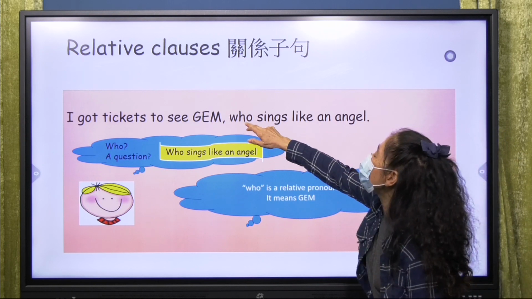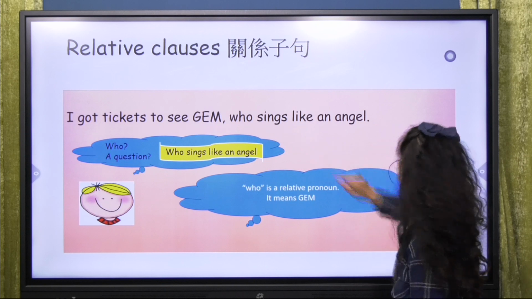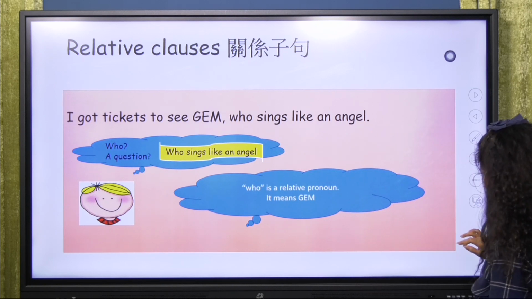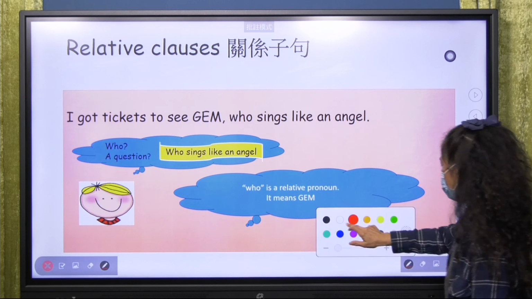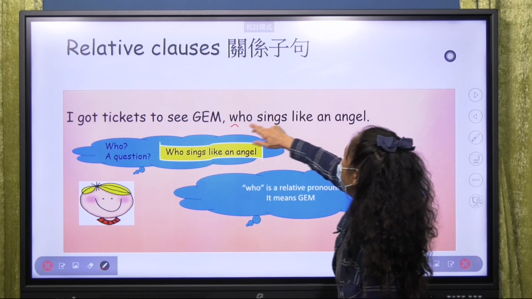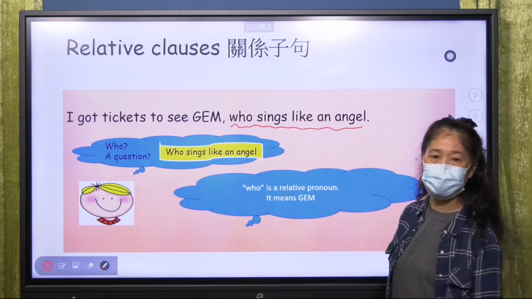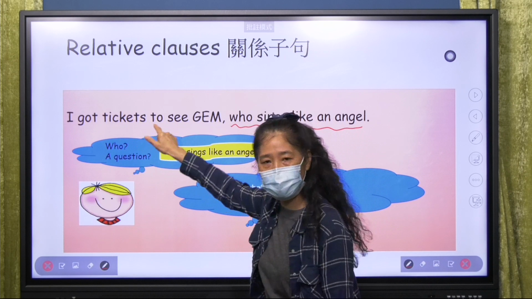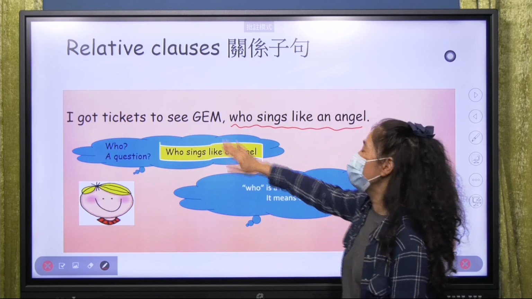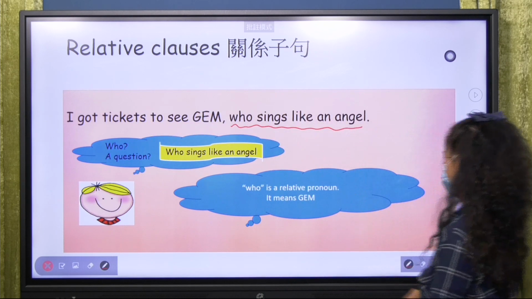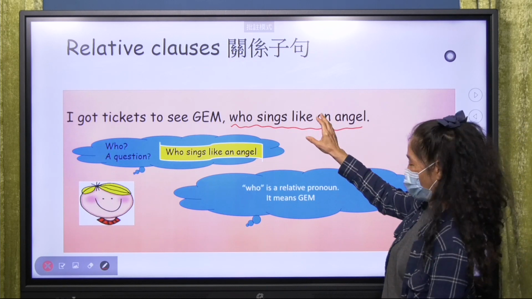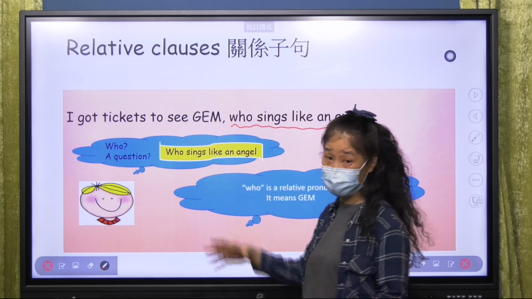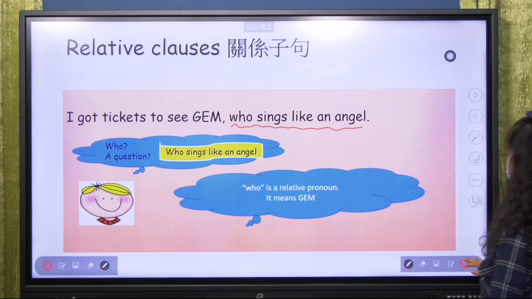And this relative pronoun exists in a relative clause. This is a relative clause, and of course this is the main clause. Two clauses: the main clause and the relative clause. By having this relative clause, it shows the relationship: who and Jem are the same person.